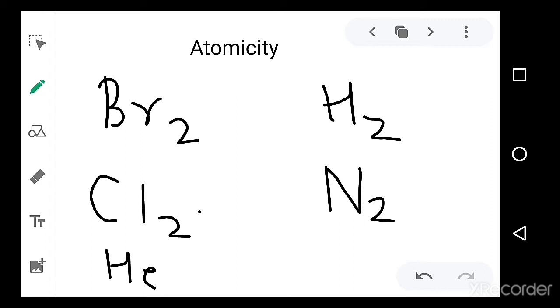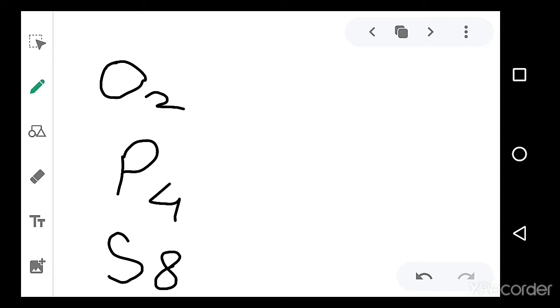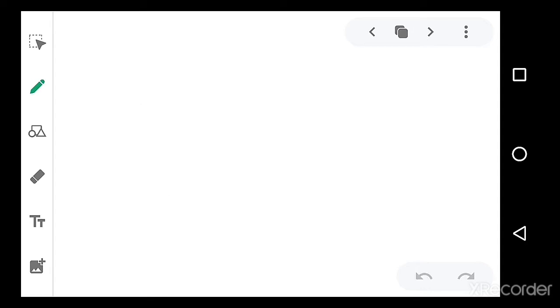For bromine there will be 2 atoms in one molecule. Same for chlorine and hydrogen, 2 atoms in one molecule. But for helium only 1 atom in one molecule. So this was the atomicity of an element. Now we will learn about the atomicity of a compound.